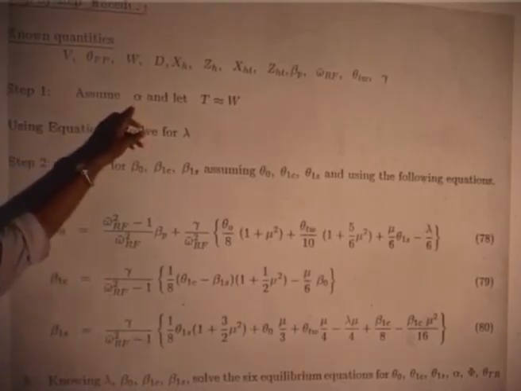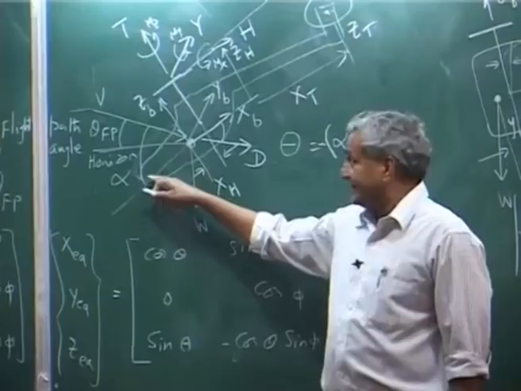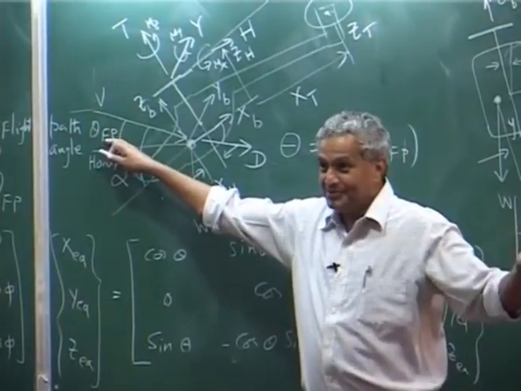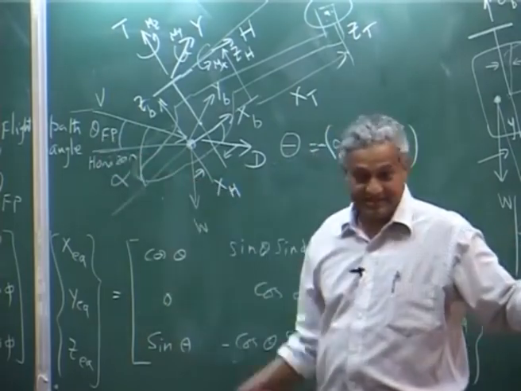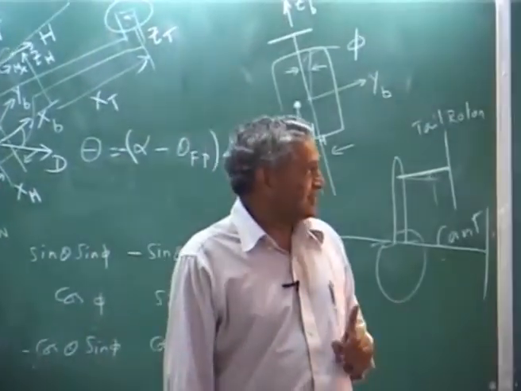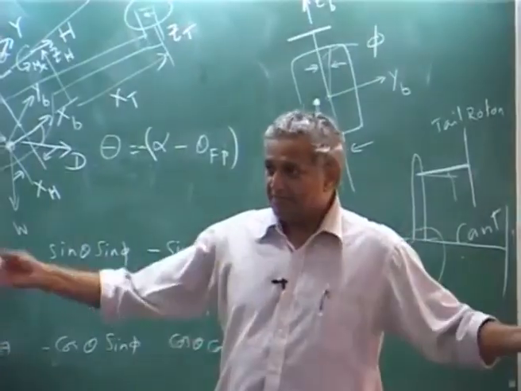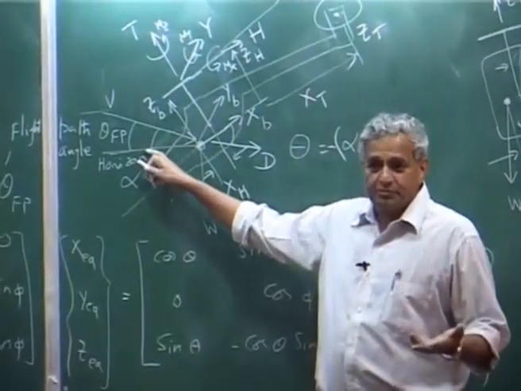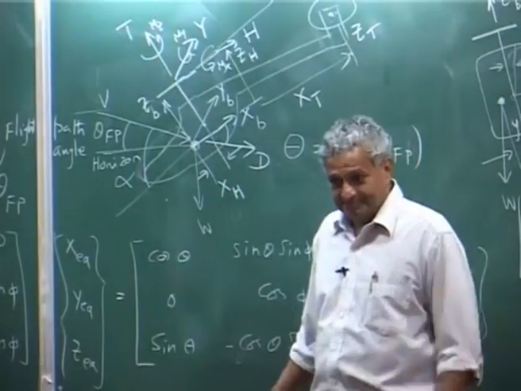Because you have to assume, the first assumption is to assume alpha. Alpha is theta FB, flight path may be 0, may not be 0, that is a given quantity, please understand. Given quantity flight path is there, I may have flight path 0, that means the FP is 0, alpha I do not know. So, I assume alpha.